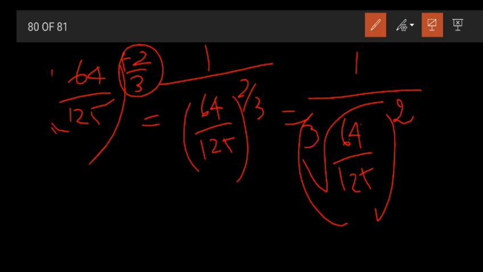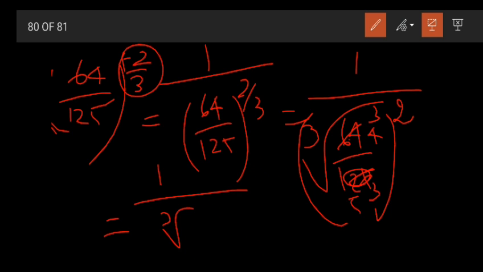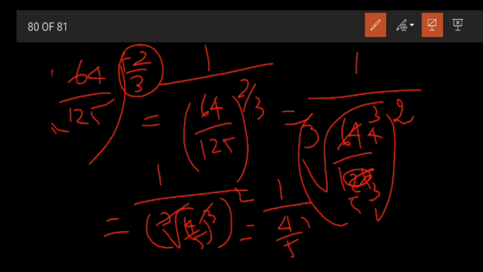Okay, 64 is 4 cube and 125 is 5 cube. This 4 cube by 5 cube can be written as 4 by 5 whole cube. So this will be equal to 1 by cube root of 4 by 5 cube whole square. So this cube and this cube root will get cancelled, and we will have 1 by 4 by 5 square.